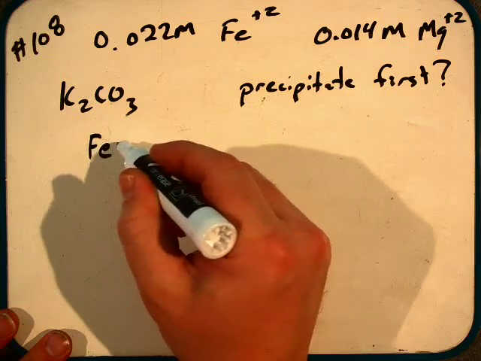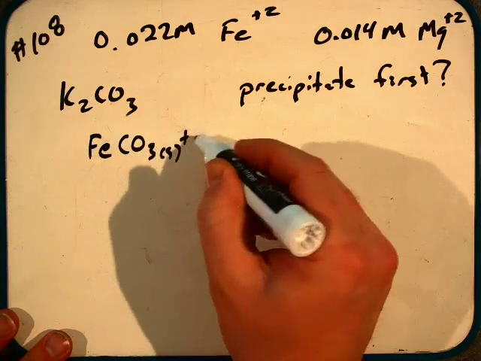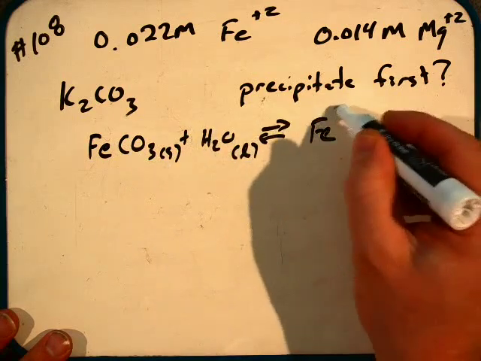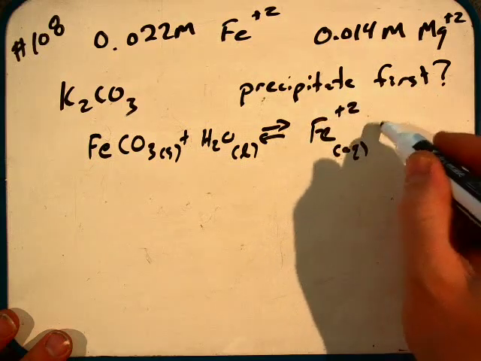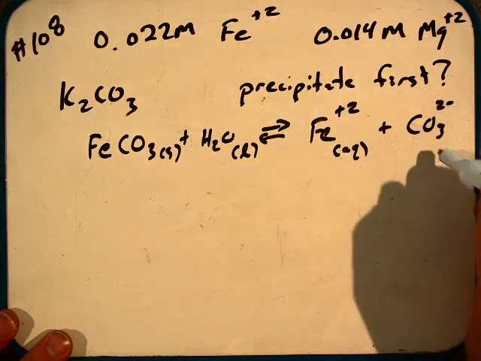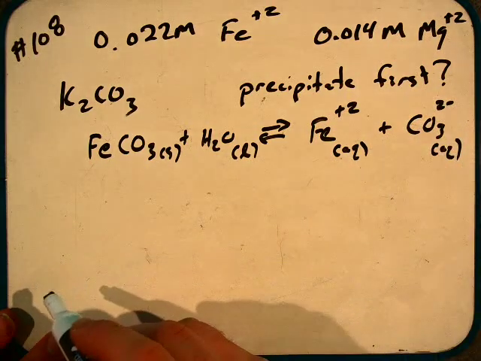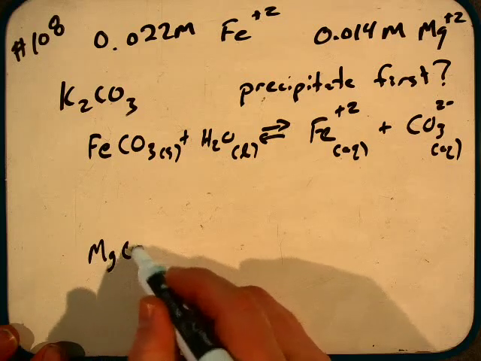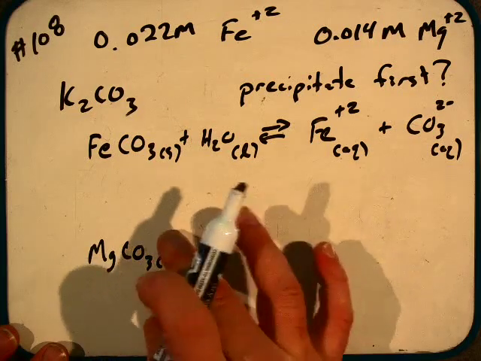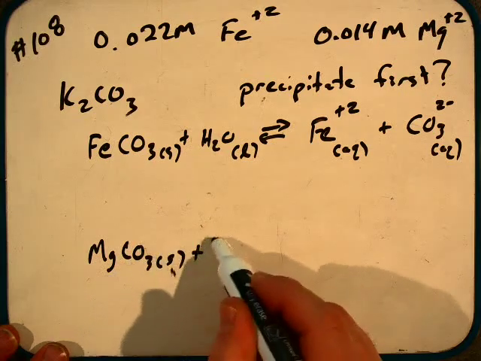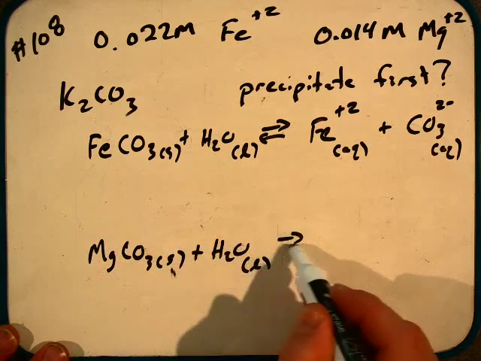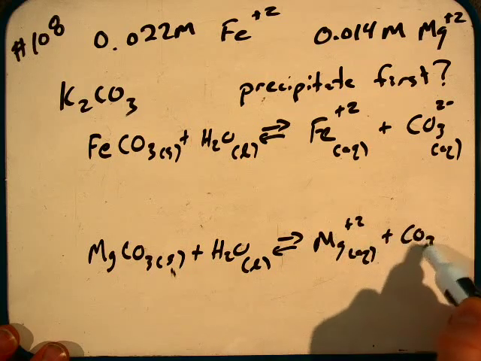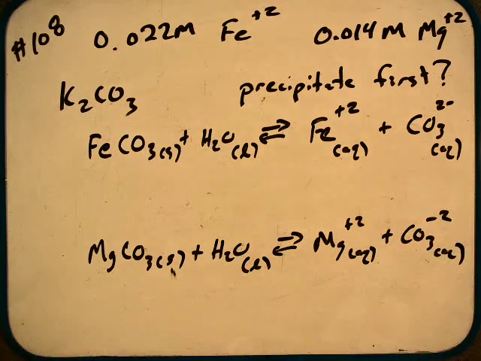We're looking at iron carbonate and how it dissolves into our ferrous ion and carbonate anion. And then we're also looking at magnesium carbonate going into solution as well.